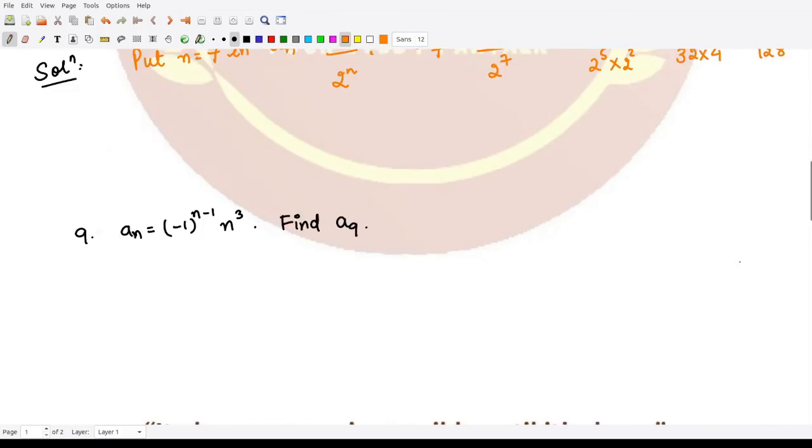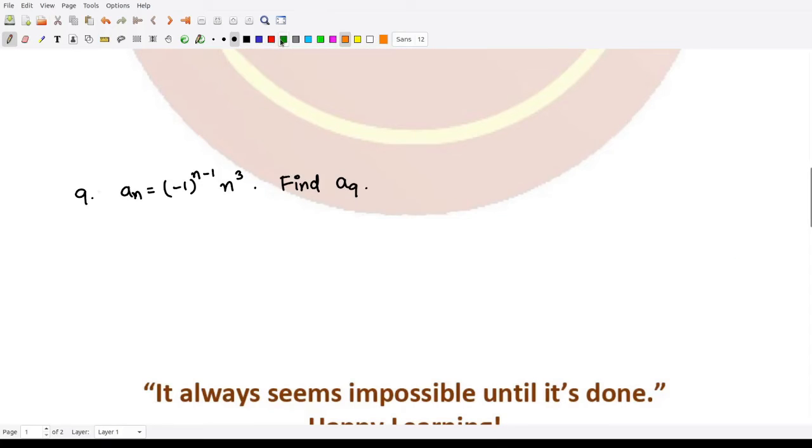Now for the next question, we need to calculate the value of a9, right? The general term that is given to us is a_n is equal to minus 1 raised to power n minus 1 multiplied with n raised to power 3. Now notice that this is in the power, so you should be very careful in solving such kind of questions. So here in the solution, we are required to put n is equal to 9 in the general term, which is a_n is equal to minus 1 raised to power n minus 1 into n cube, right?